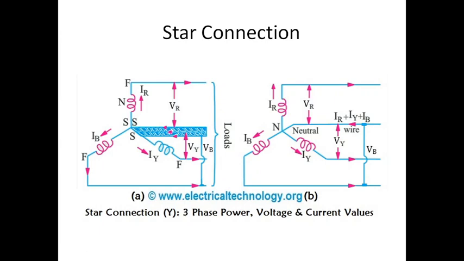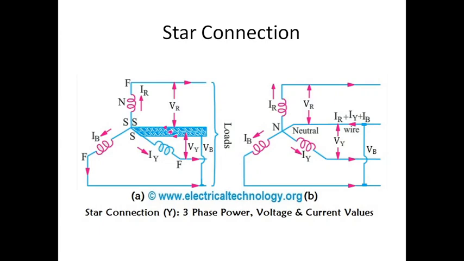In the star connection system, your neutral plays a major role because the voltage rating will be calculated only with respect to the neutral line. If the neutral line is not there, you can't tell what is what. So VL is nothing but your line voltage.